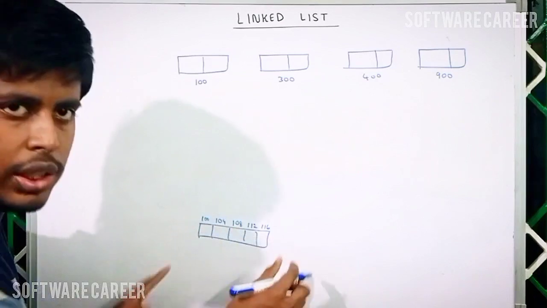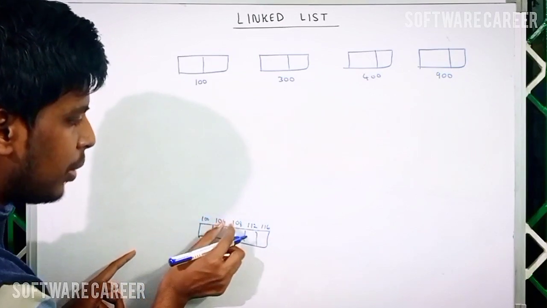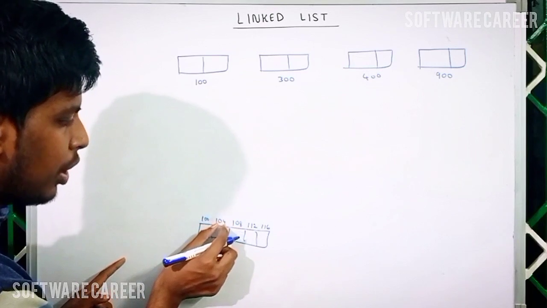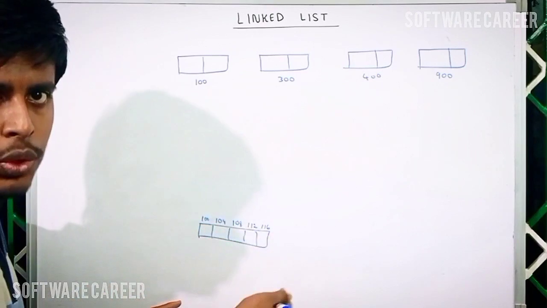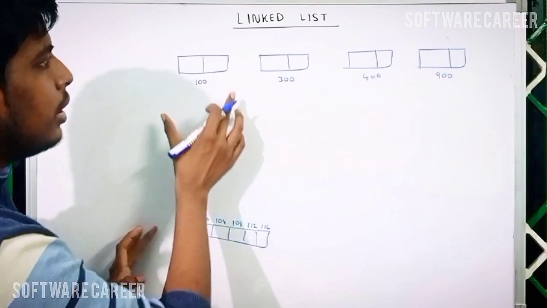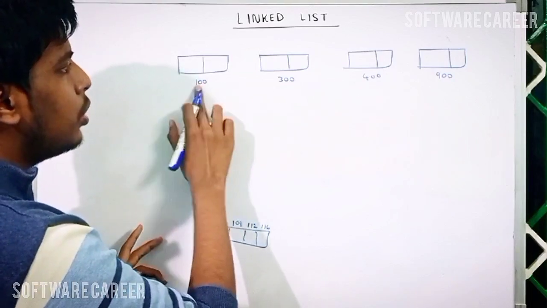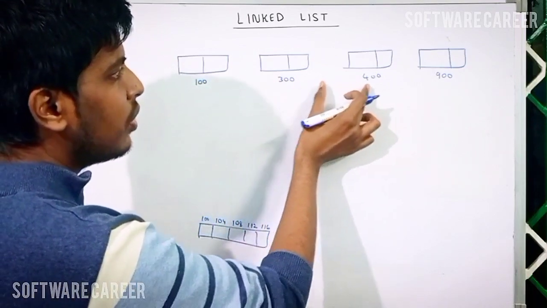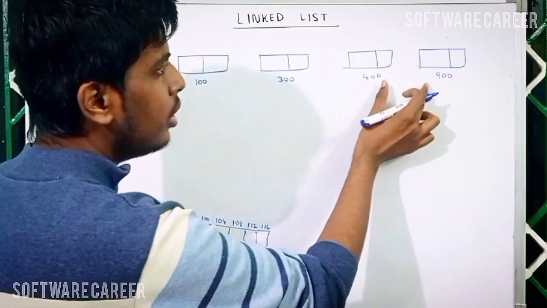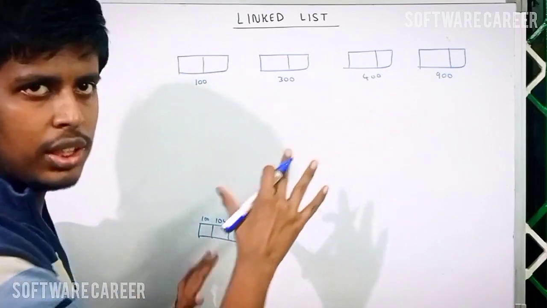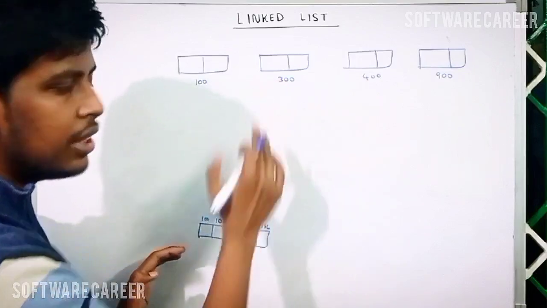It increases at equal intervals of 4 bytes: 100 plus 4, then 104 plus 4, like that. The interval is plus 4 in consecutive ways. But in a linked list, this is 100, then 200 bytes are increased. Then here 300, only 100 bytes are increased. Here 500 bytes are increased. So this is not in equal intervals. This is the difference between array and linked list.